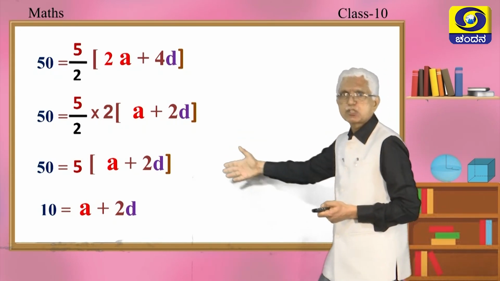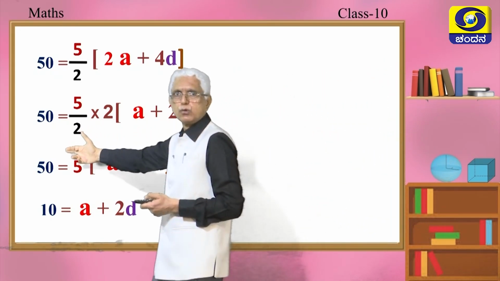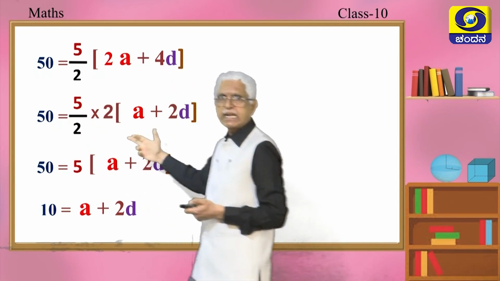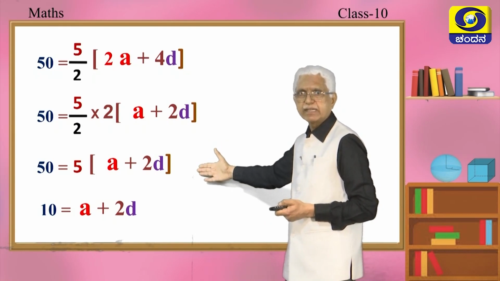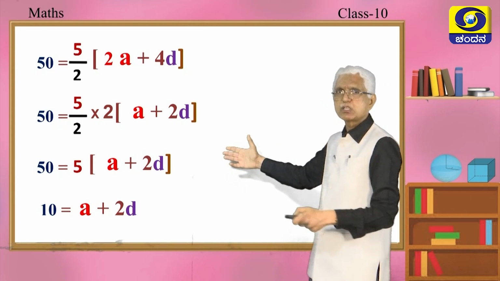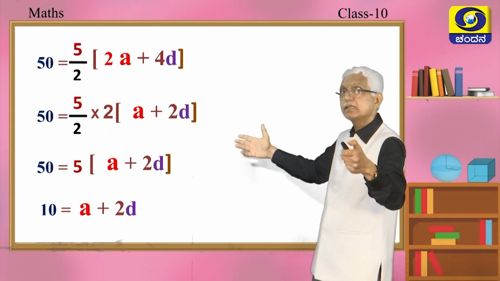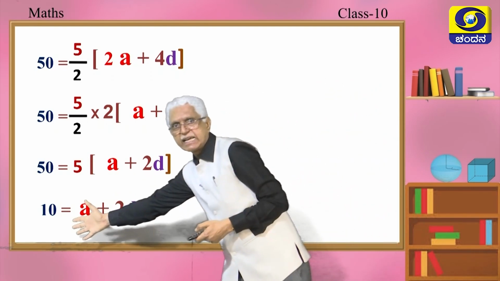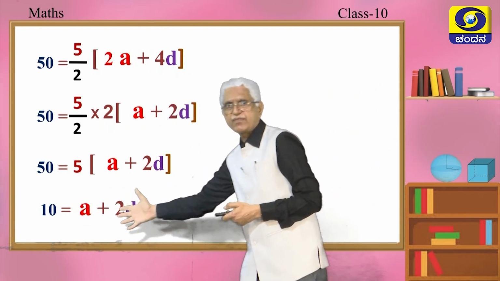Now, this 2 and this 2 gets cancelled, right. So, I get 5 into A plus 2D, correct. So, 50 is equal to 5 into A plus 2D. 5 10s are 50, 5 1s are 5.